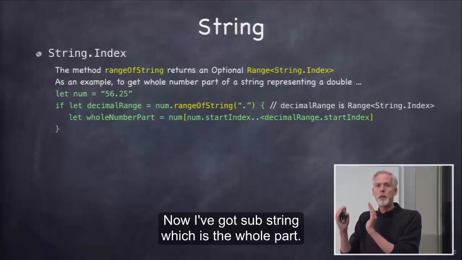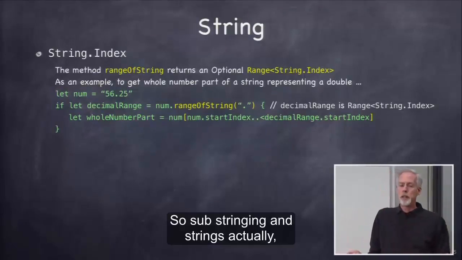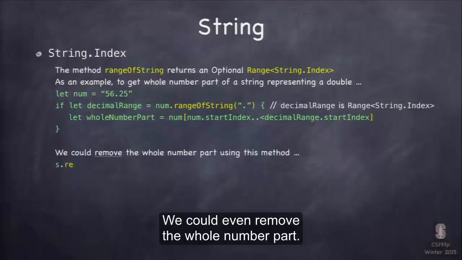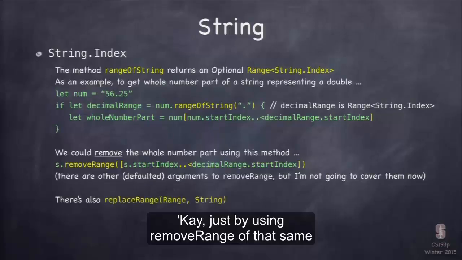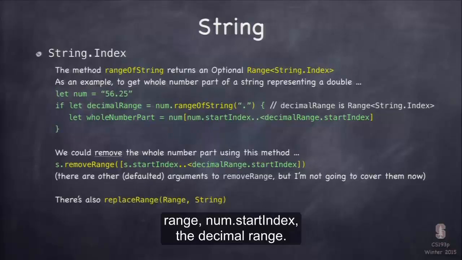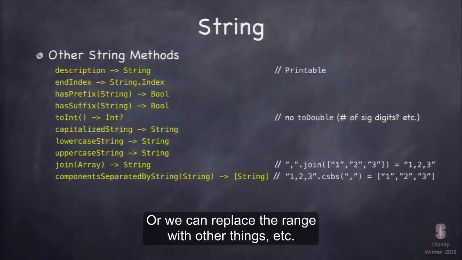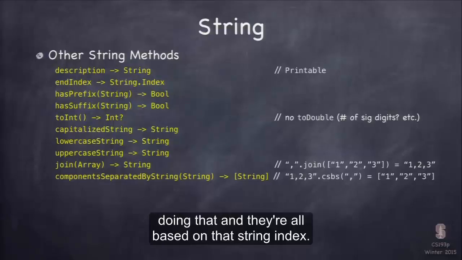Now I got the substring, which is the whole part. Everybody cool with that? So substringing in a string is actually, once you understand this whole index thing, pretty powerful. We could even remove the whole number part, just by using remove range of that same range, not start index to the decimal range. Or we can replace the range with other things, etc. So there's a lot of string methods there for doing that, and they're all based on that string index.